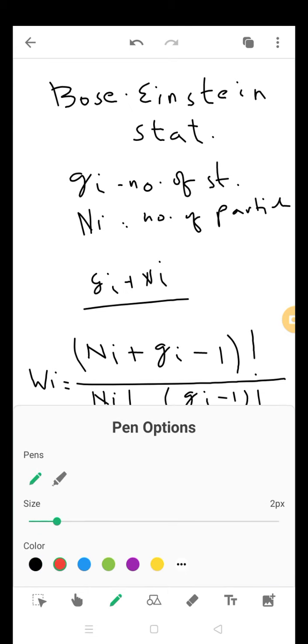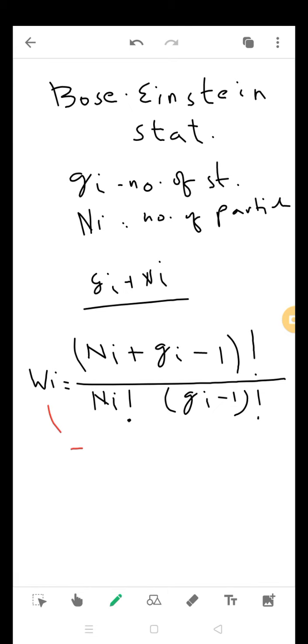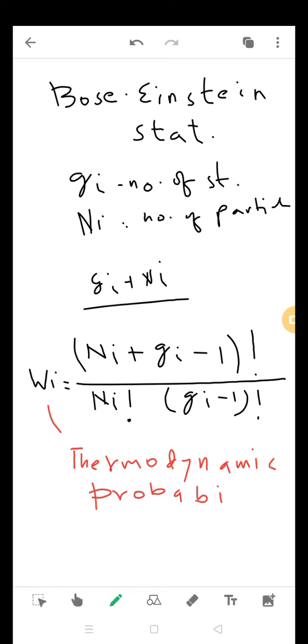For this thermodynamic probability, as you can see, we have used a suffix i here.